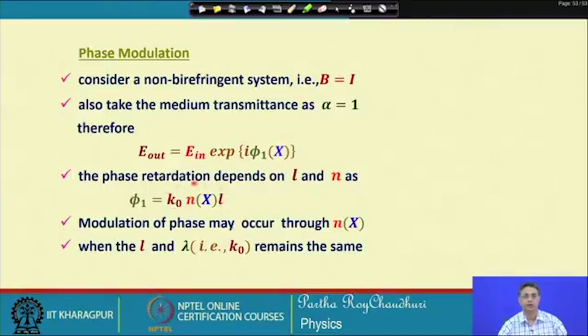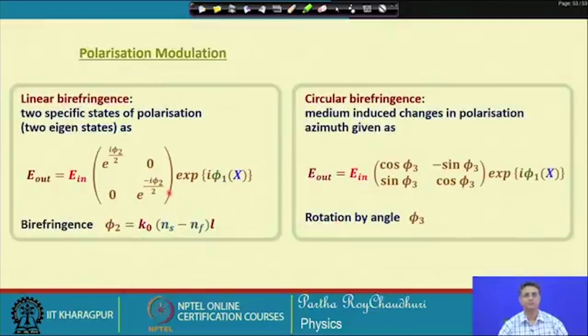Now, length L is fixed, and if we choose a certain monochromatic wave of wavelength lambda, then n, L and lambda are fixed, and it is only the refractive index that we can modulate, which will in turn result in the modulation of the phase phi, and we will see how we can implement this phase modulation scheme in the case of electro-optic modulators.